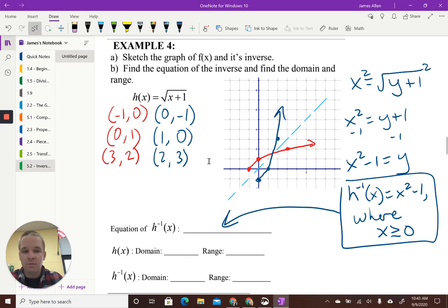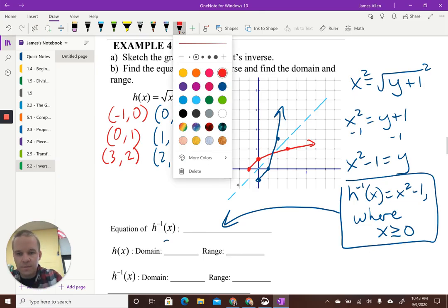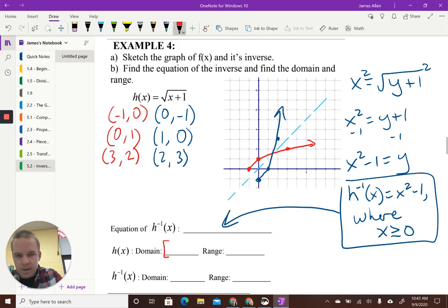So for my domain of the red one, the original function, the h of x, let me change colors here. I'm starting at -1 and I'm going to infinity. My range is starting at 0 and going to infinity, right? Because I'm going to the right and up. Cool.